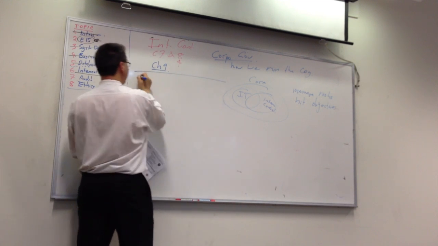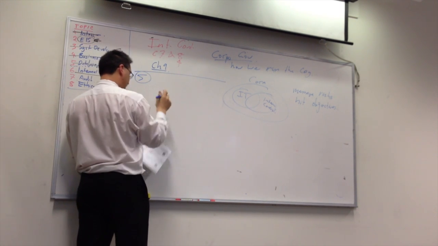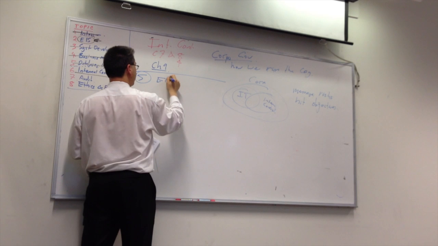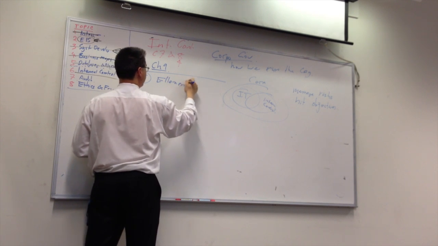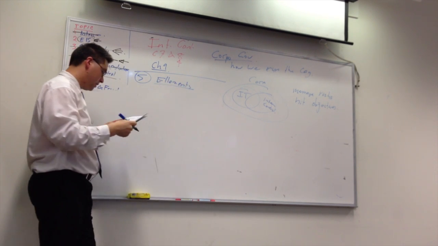There are five elements of internal control.